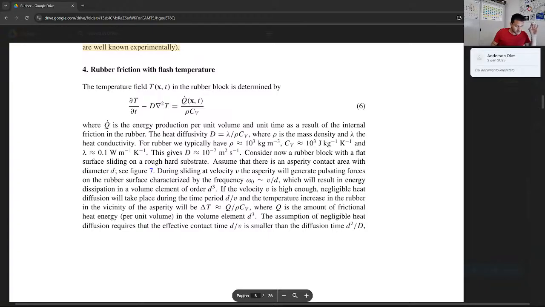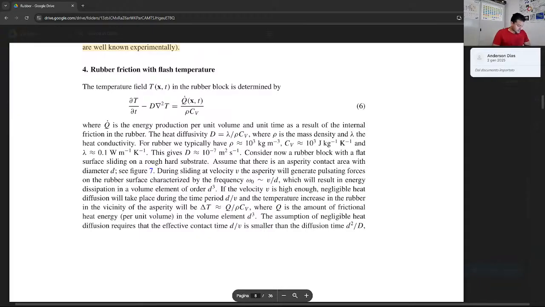So, considering a rubber block with a flat surface in contact, in a no-sliding friction situation, against a hard hot substrate. Okay, so let's highlight this here.